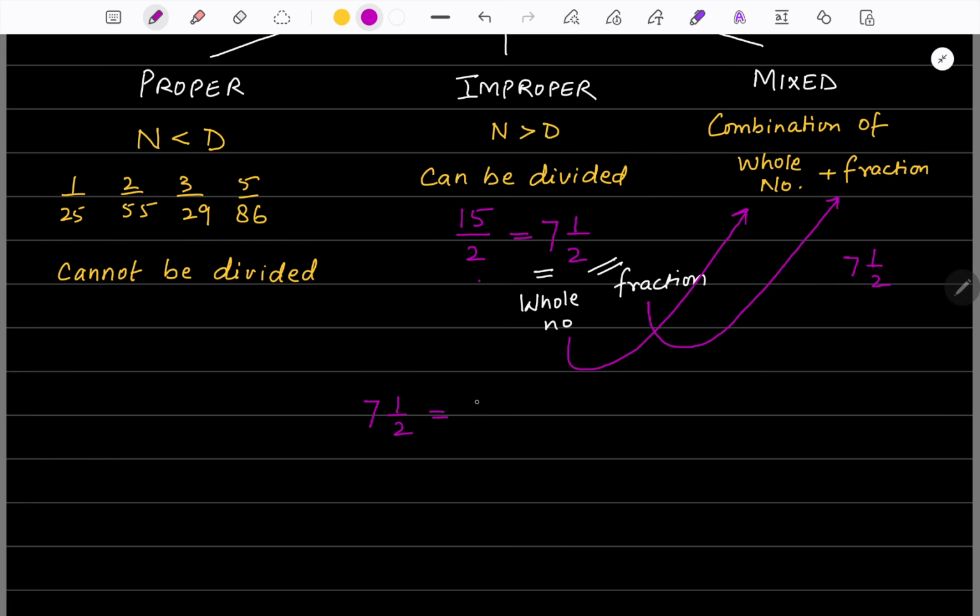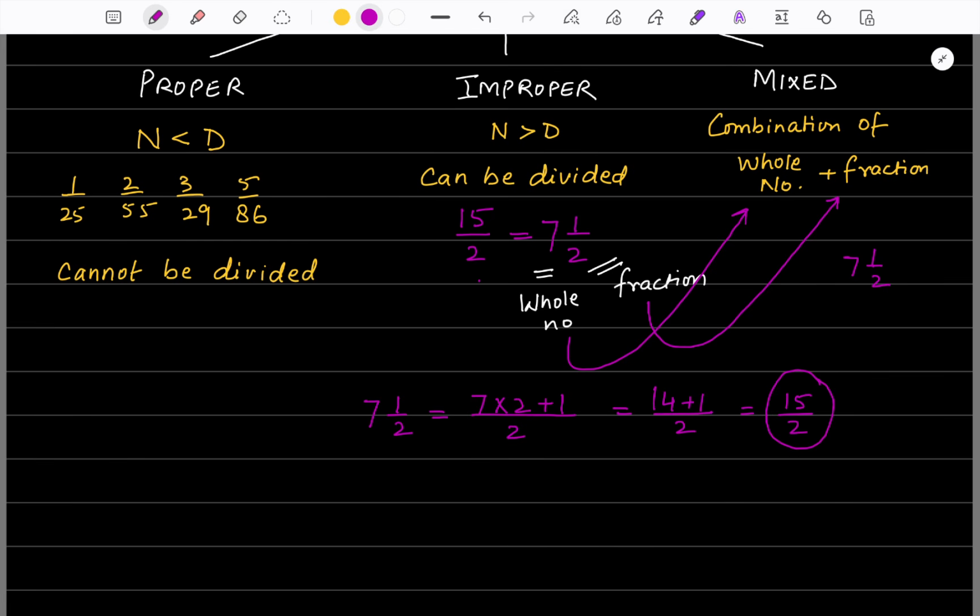And the method to convert it back will be multiply the whole number with the denominator, add the numerator, and write the denominator 2 at the bottom as such. So what will we get? 14 plus 1 by 2, which is equal to 15 by 2. Now this 15 by 2 is the same from where we started. That is the improper fraction.